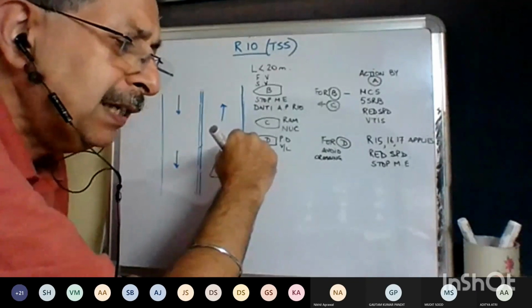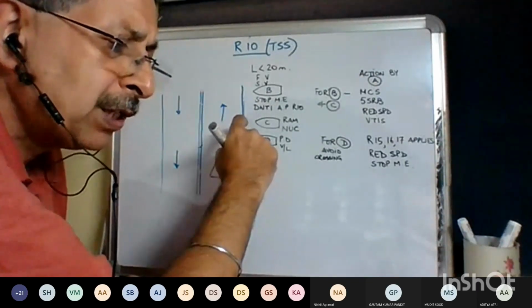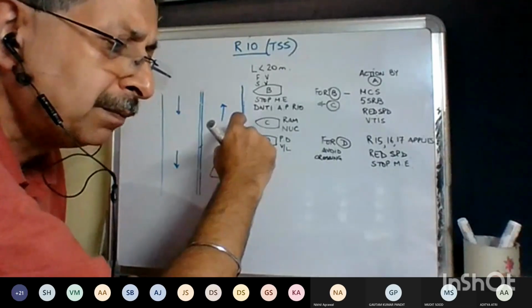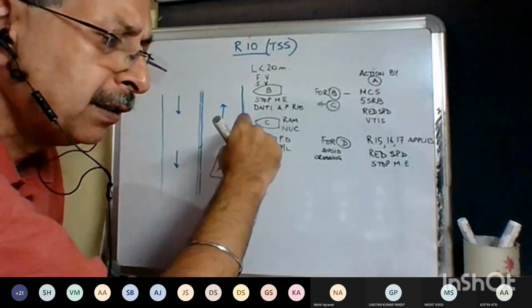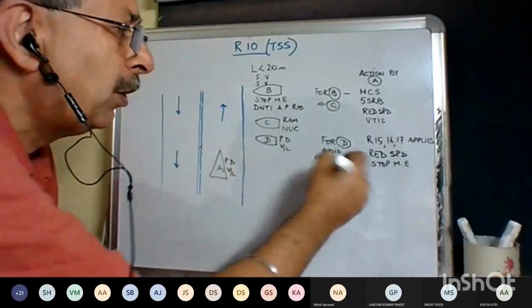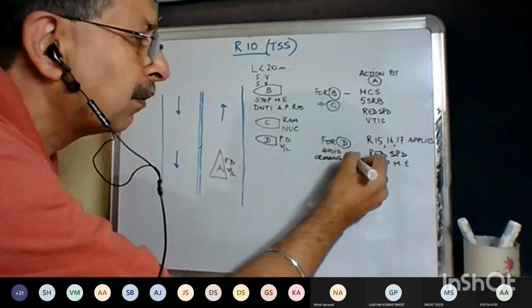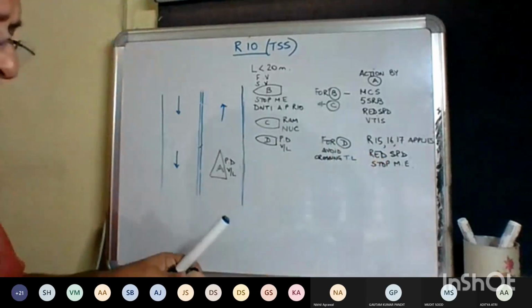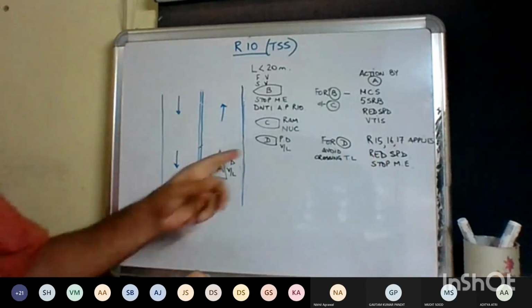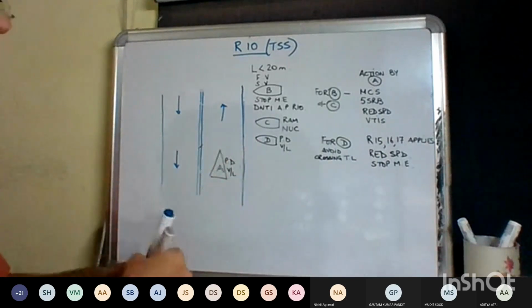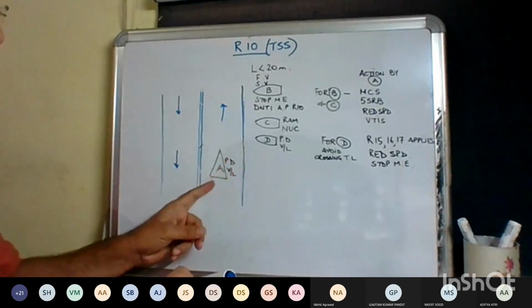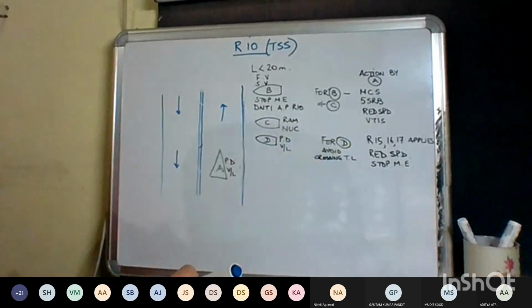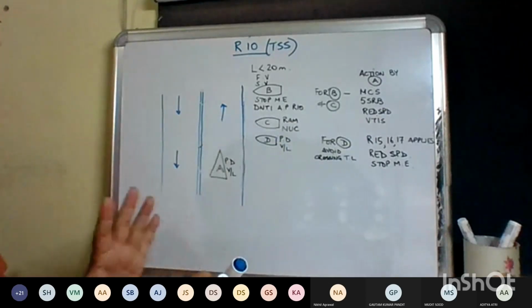As per 10 Charlie, a vessel shall, so far as practicable, avoid crossing traffic lanes, but if obliged to do so, shall cross on a heading at right angles. Understood? So what will you do on Delta? Stop engine. But if you're on Alpha, you will reduce speed. No alteration of course in any case.